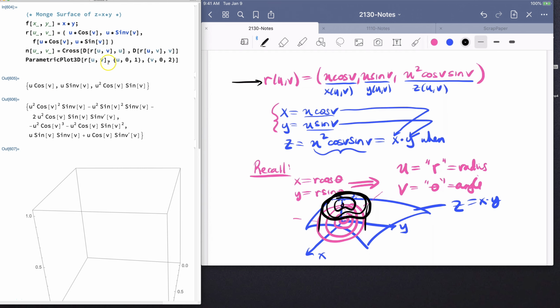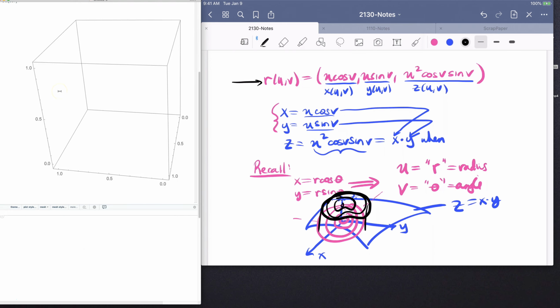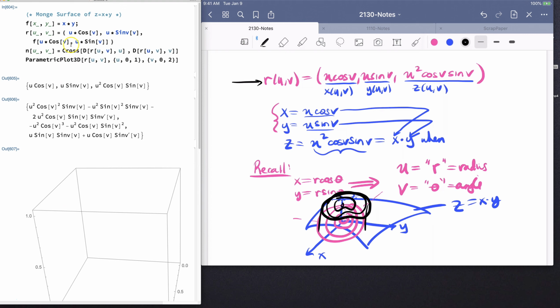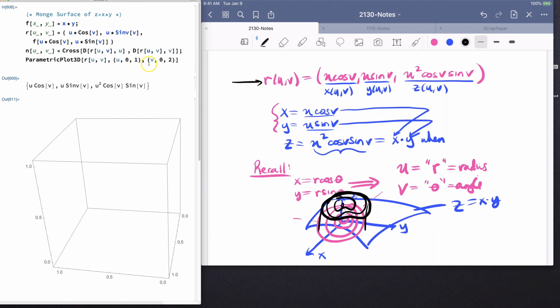Okay. And let's see. The u is the radius variable. Let's see, why did that not plot like I expected? Okay, let's hold off on the normal vector.